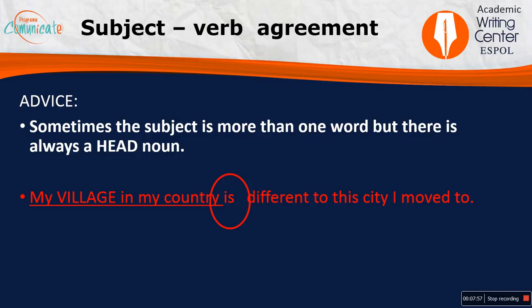We need to be careful to identify the head noun. In this case, we're talking about the village, not about the country. It doesn't actually affect that the verb would be is, but in other cases it could be important. So, my village is different to this city.